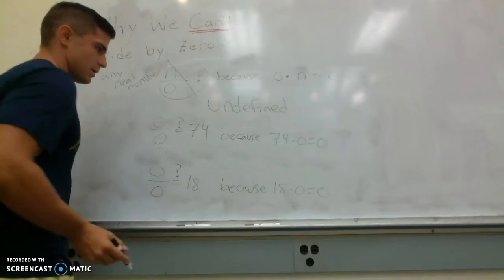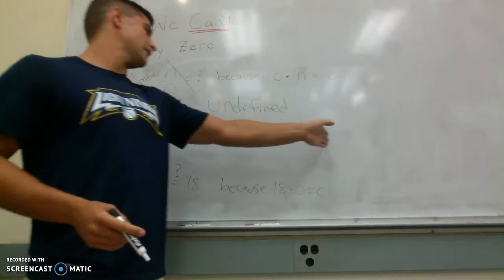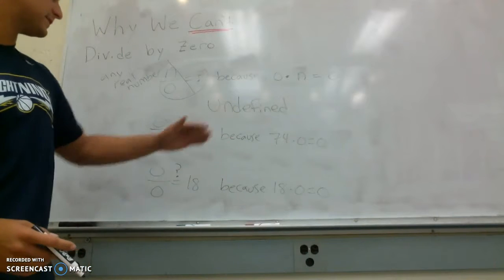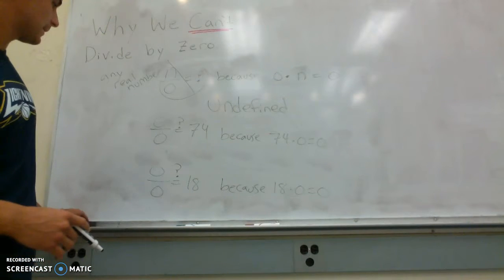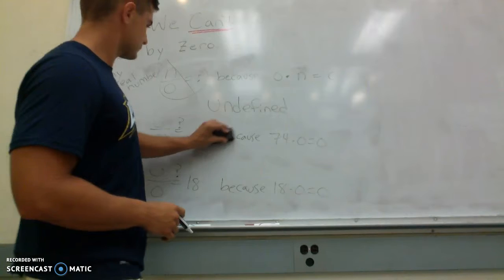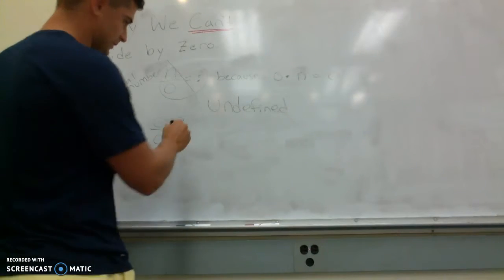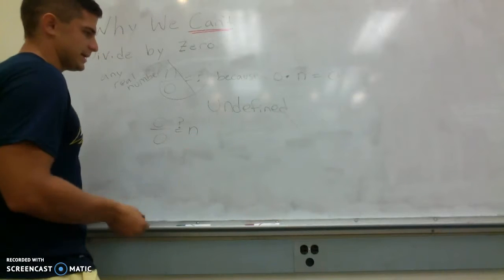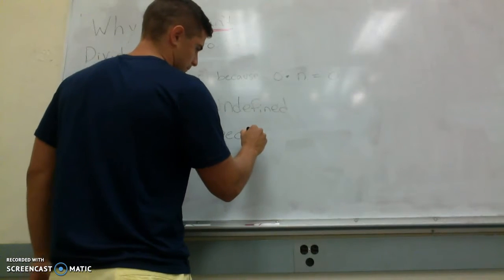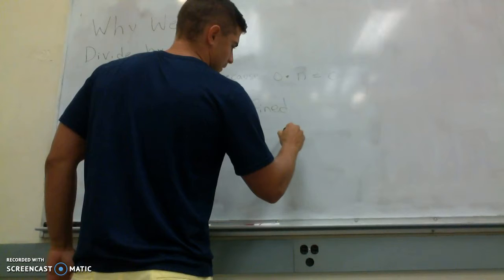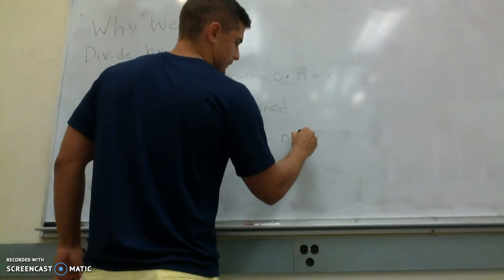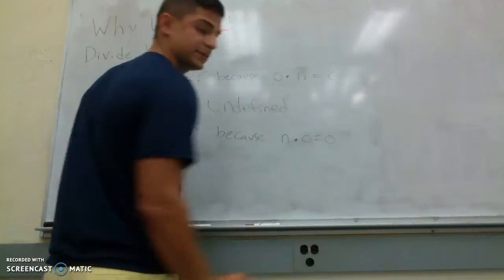Is this true? This logic is true, but the thing is here, it's true for any number. So I could say 0 divided by 0 is equal to any number because that number times 0 is going to give me 0.